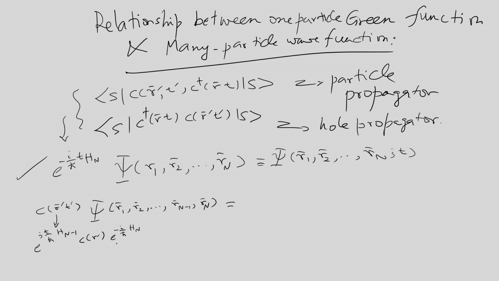You have an n particle wave function whose Hamiltonian is described by h subscript n, signifying that it is the Hamiltonian of n particles, and then once you annihilate, the resulting state has one less particle. So you should be evolving with respect to one fewer particle. Okay. So that is going to be t dash there. So that is what that is. This basically means that you are going to be doing this.